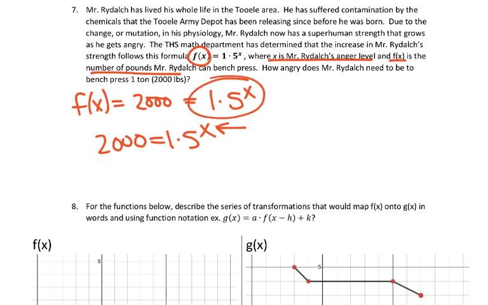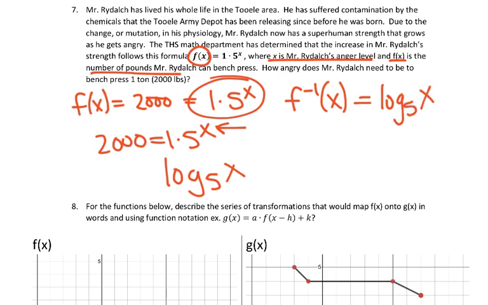Well, if we can find the inverse of this, that'll work backwards, right? So if I go find the inverse, okay, so remember when we were doing some of our problems, we found that those exponential equations, their inverses were the logs. So we have log base 5 of x.